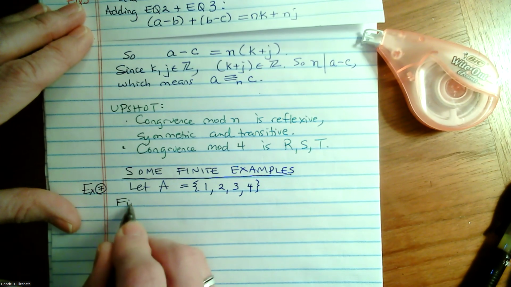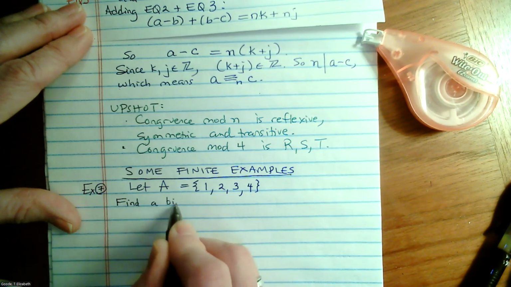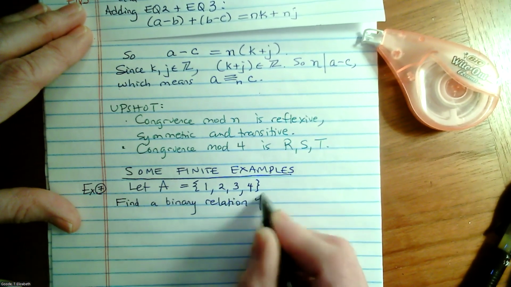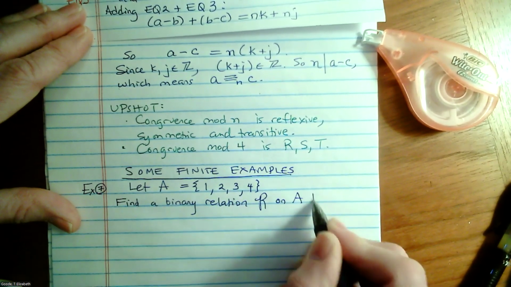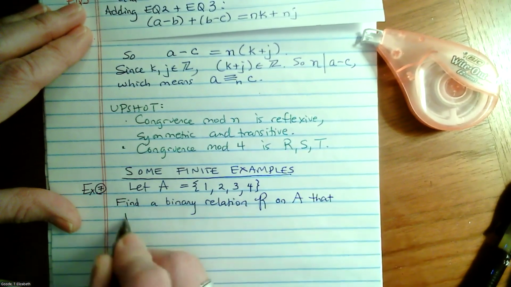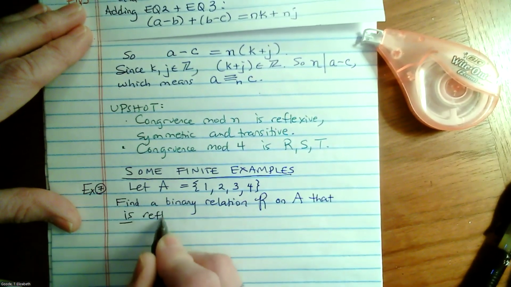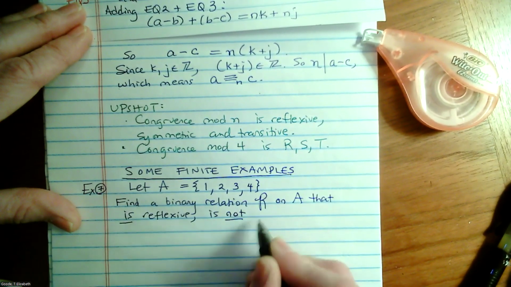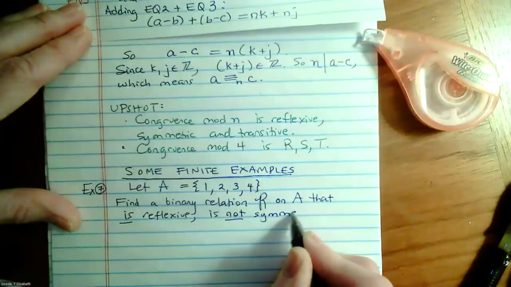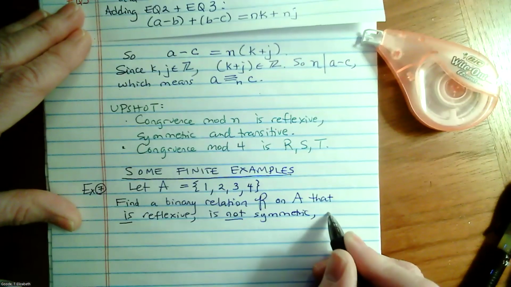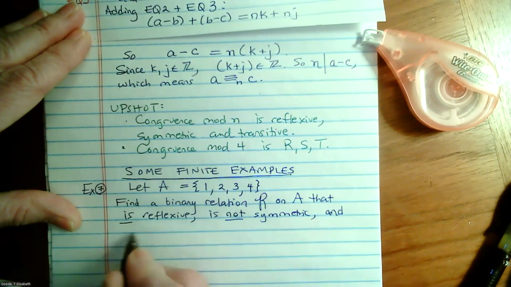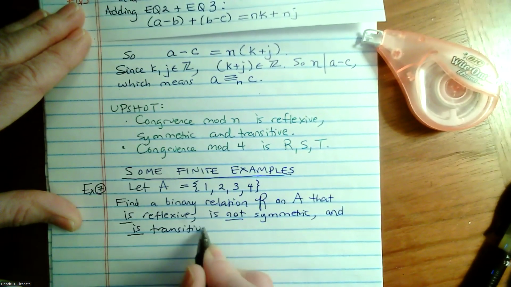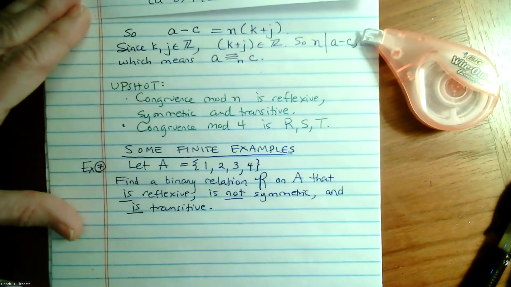We're going to find a binary relation, curly R, on A that is reflexive, is not symmetric, and is transitive. I just want to show you that we can play the game without a rule. We can just make one up.